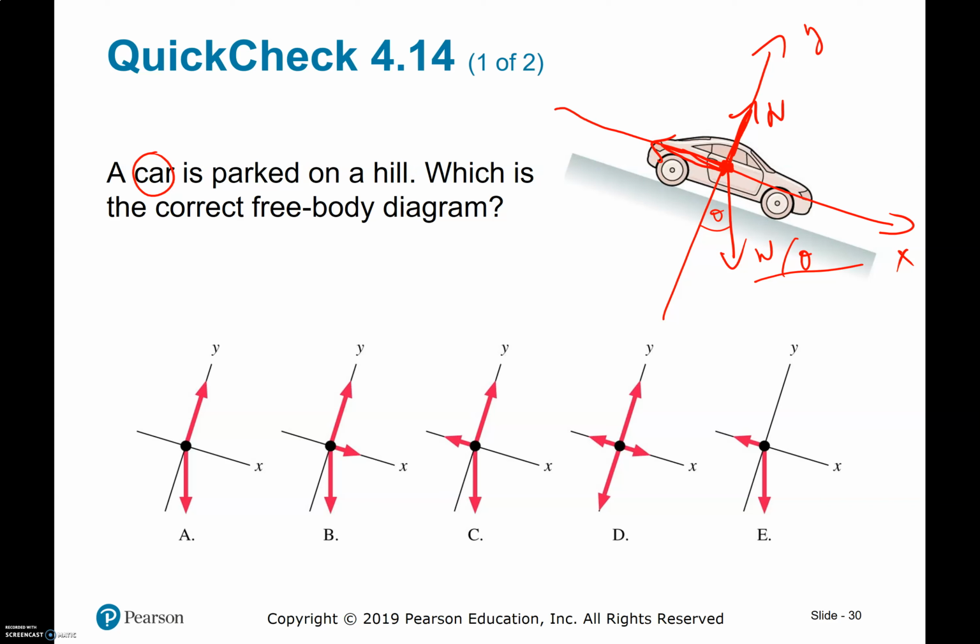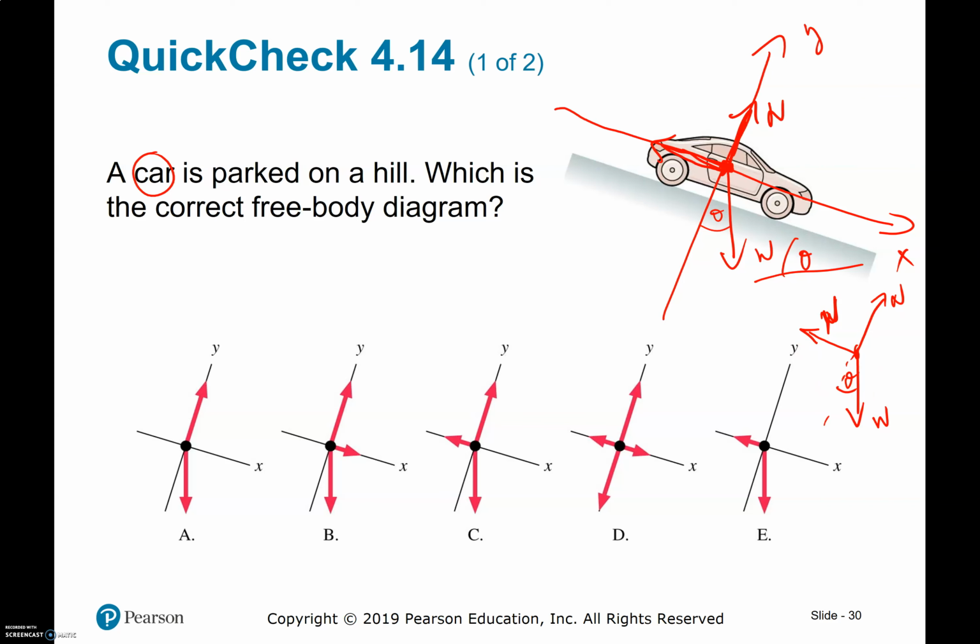Another way to redraw this free body diagram is to just draw the forces: the normal force and the weight, and then this angle here. One important thing to think about when you're drawing free body diagrams is that a free body diagram should allow you to write Newton's equations.